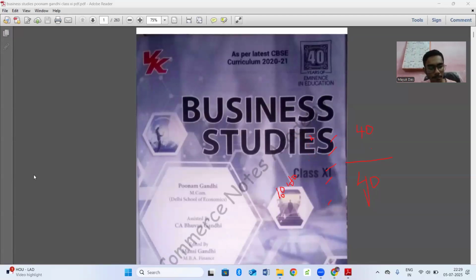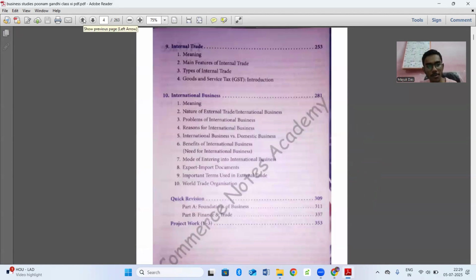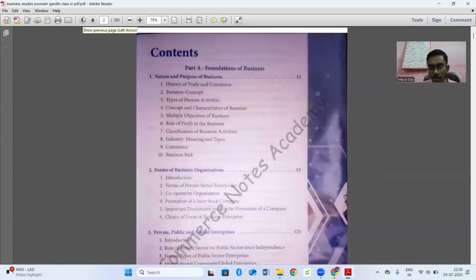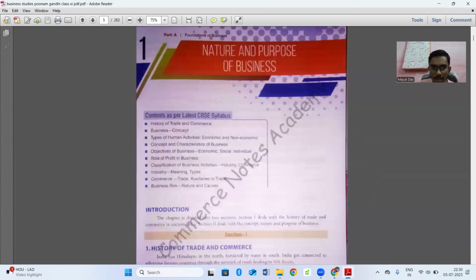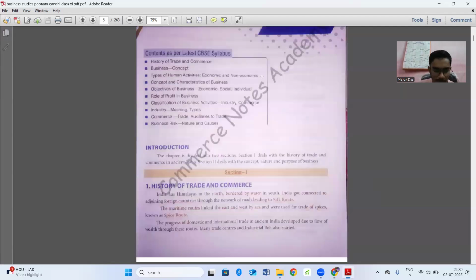Remember one thing, when I explain the chapters, I'll explain from the Poonam Gandhi book, which is completely based on CBSE. Nothing is changed, and it's quite similar to NCERT. So I'll be teaching from this page, nature and purpose of business.